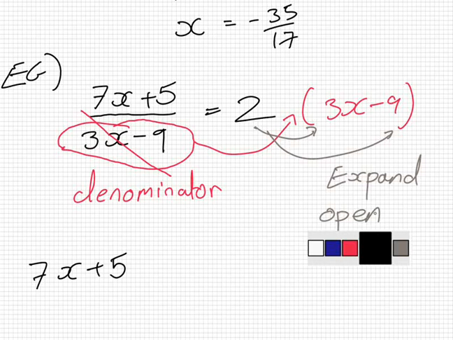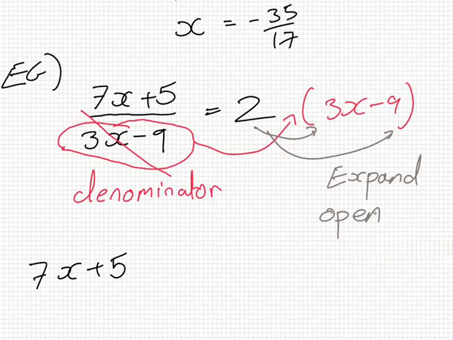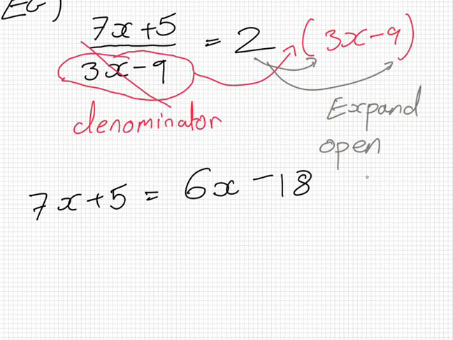And you do this multiplying, okay? I usually say expand. But some people say open the brackets, okay? So this here would be 6x, 2 multiply 3, and then minus 18, 2 multiply 9. Yeah?